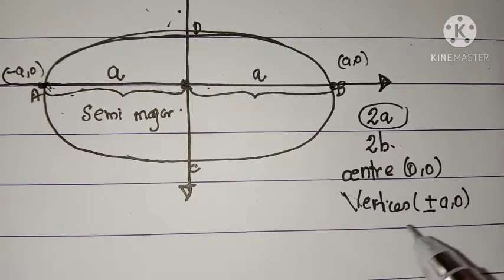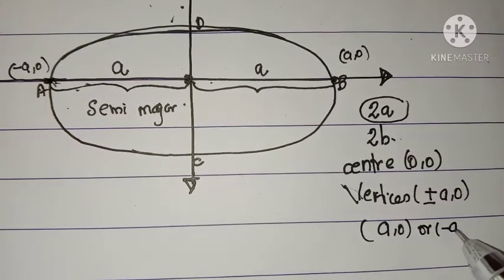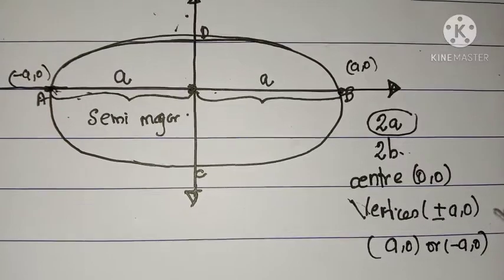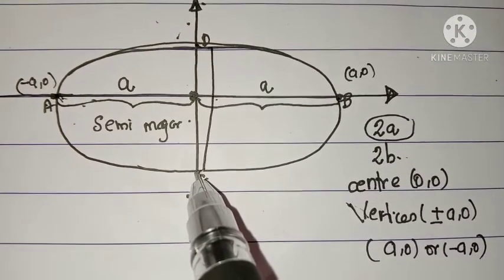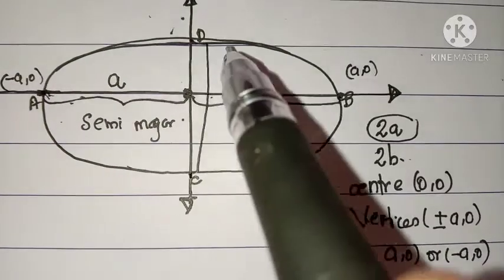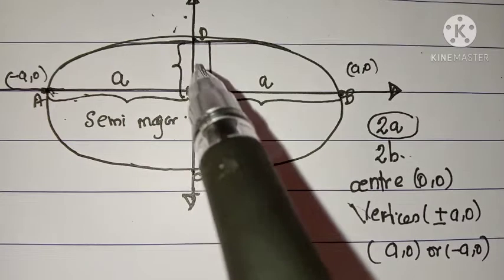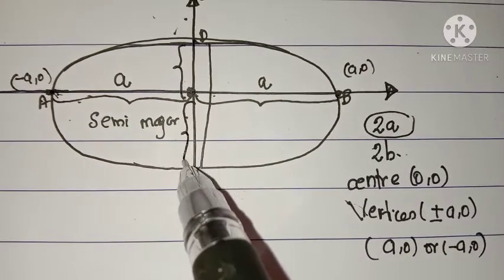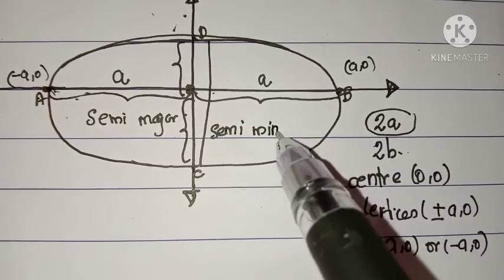Plus or minus a, 0 means either a, 0 or minus a, 0. Now listen, CD distance is the minor axis, and this distance is half of the minor axis, or the semi-minor axis.